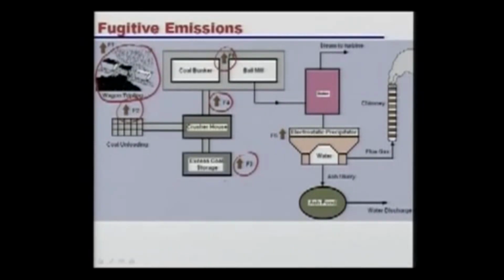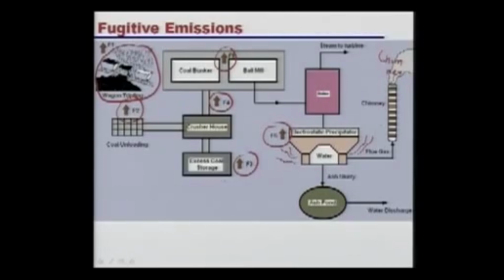Here is the particulate control, and as the ash is being transferred to the water, there are leakages. That you can call source F6. Apart from the regular source, the chimney or stack, the emissions which are fugitive in nature are occurring all over the plant.